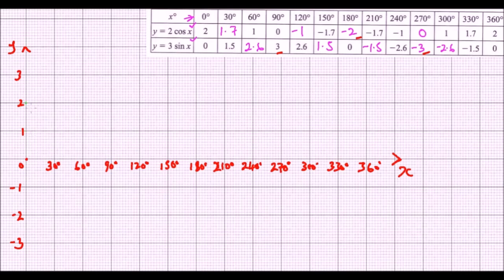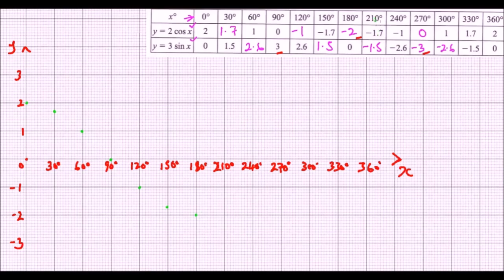So that's where we have our point. 30, y is 1.7. So we have 1.7 there. 60, y is 1. When x is 90, y is 0. 120, we go to minus 1. 150, minus 1.7. 180, we have minus 2. 210, we have minus 1.7.